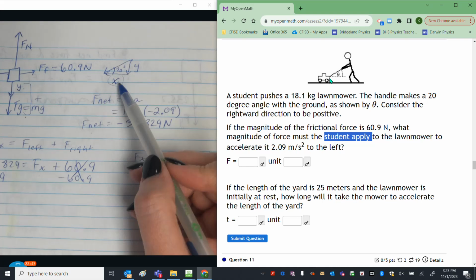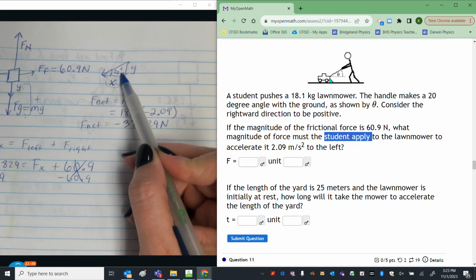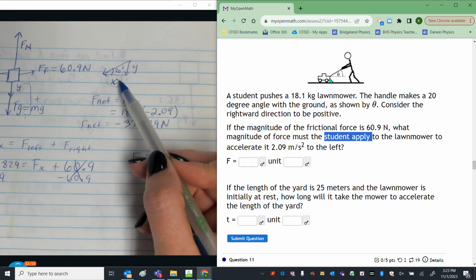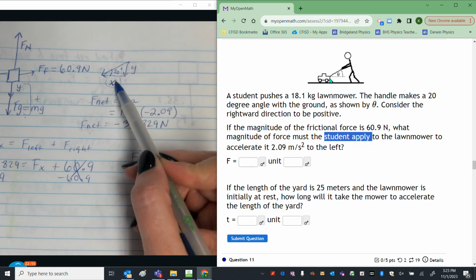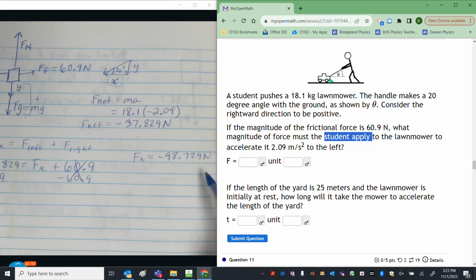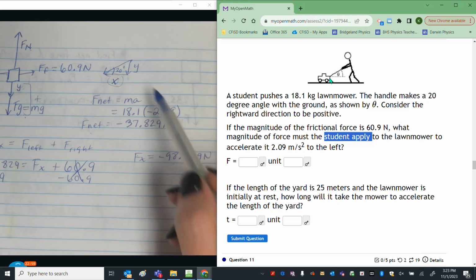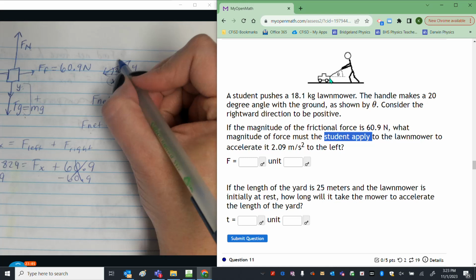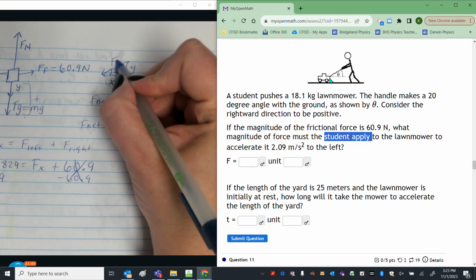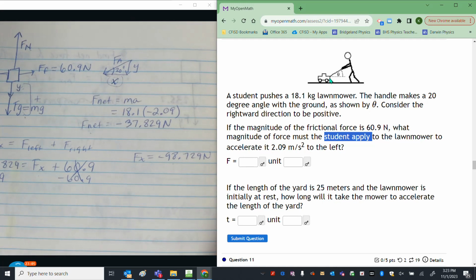Because now that we know x and we know the angle, we can use some trigonometry to solve for a hypotenuse. I know the adjacent side to my angle, that's what we just found, this value here, negative 98.729. And I know the angle, so I can solve for the hypotenuse, which is the student's applied force, using cosine.